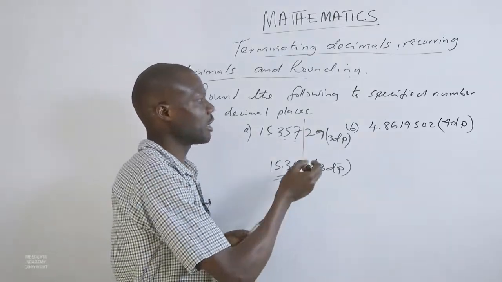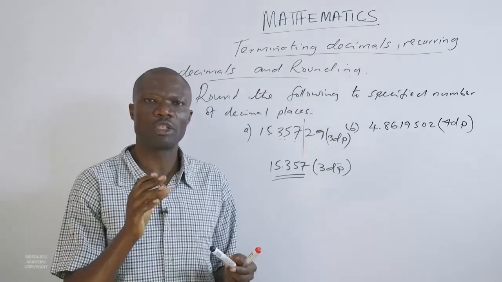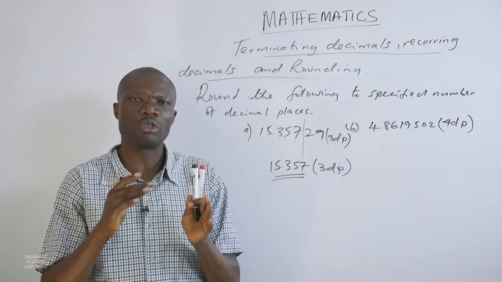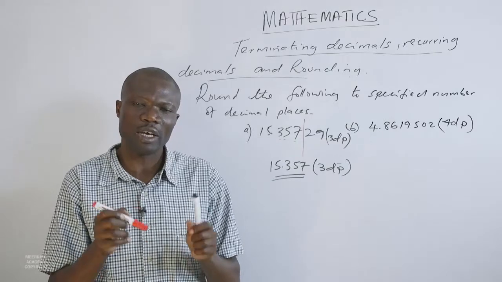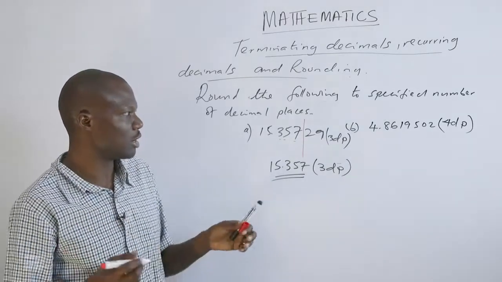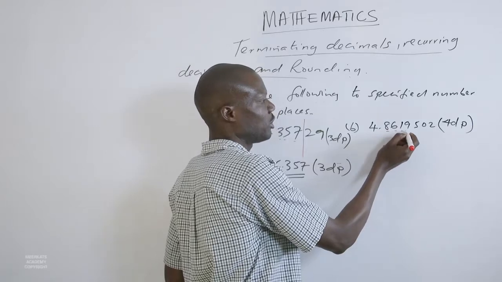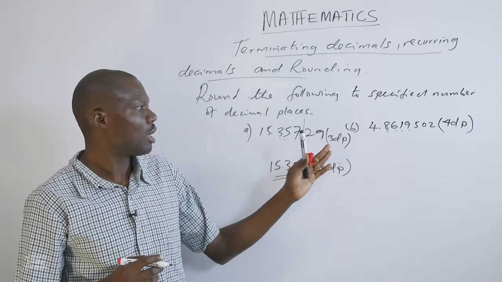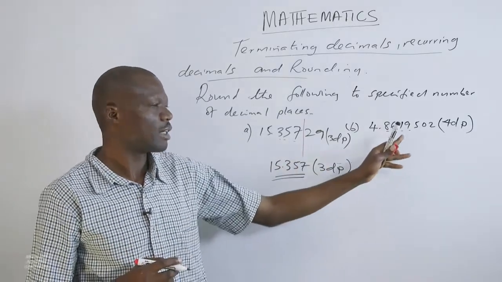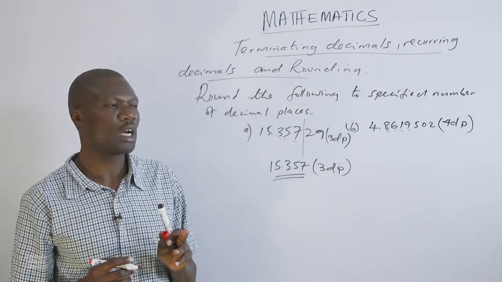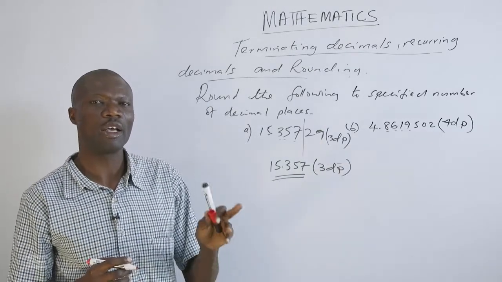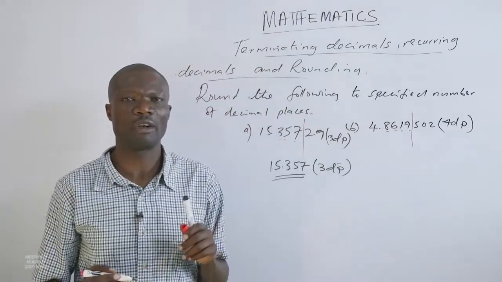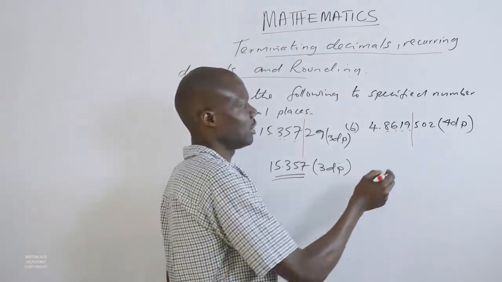For the second part, we are to round off correct to 4 decimal places. If we have to round correct to 4 decimal places, we first identify the critical digit and the rounding digit. So we count the number of decimal places, 1, 2, 3, 4. At the 4th, we find that 9 here is our rounding digit, and 5 is our critical digit.